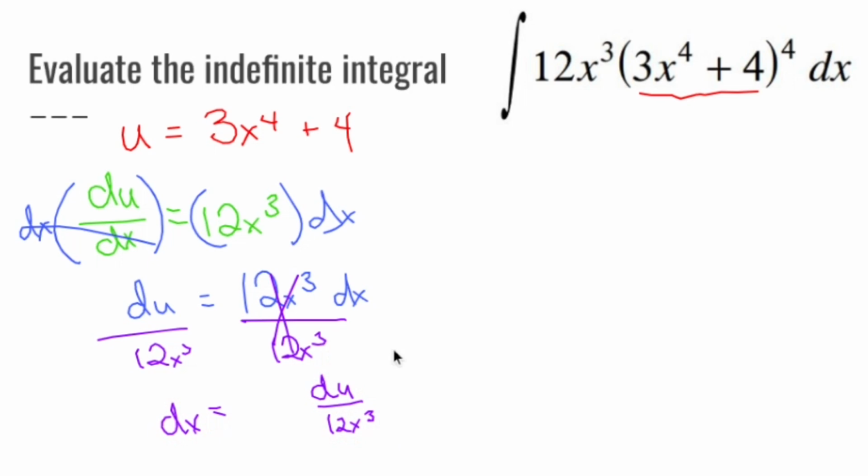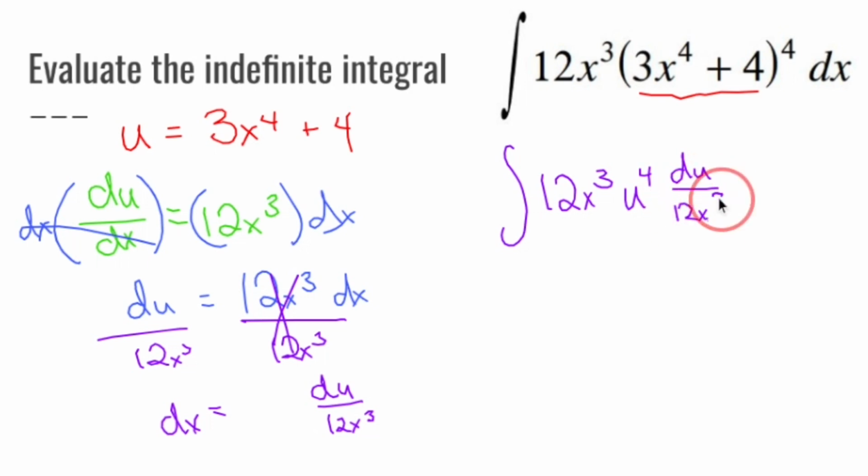Now, why does that matter? Because what I'm going to do is I'm going to replace what I called u with u, and I'm going to turn dx into du over 12x to the third. And you'll see the magic happen. So I have 12x to the third, that whole thing is now u to the fourth, and dx is now du over 12x to the third.